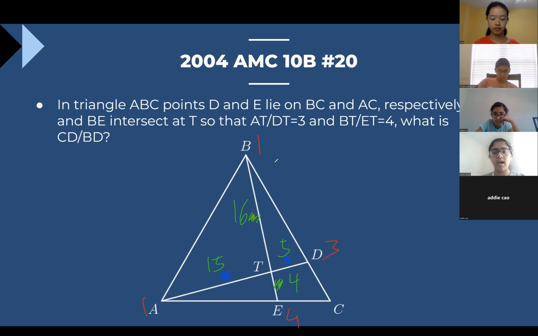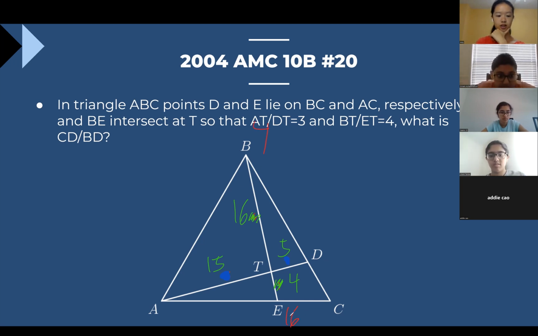Remember that you can have weights that are fractions, everyone. And also you can make the weight greater. So for example, the weight of B could be equal to 4 and the weight of E could be equal to 16. And this would work as a scenario. There we go. So you basically find the least common multiple.